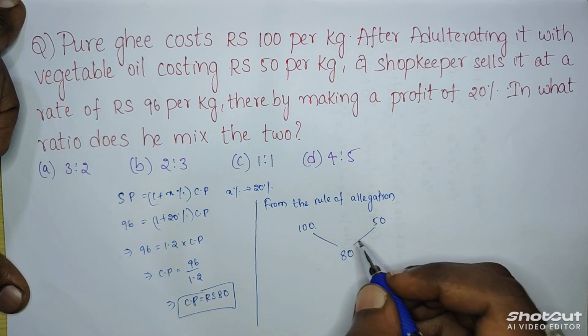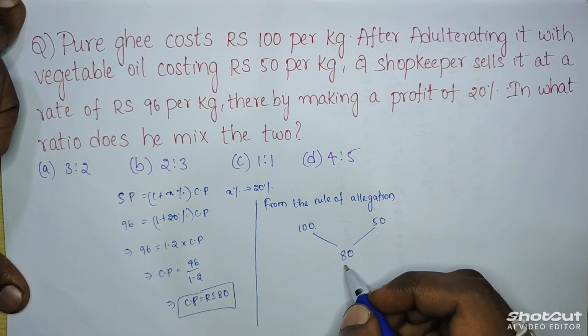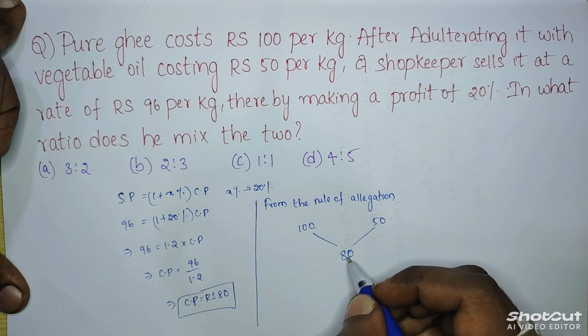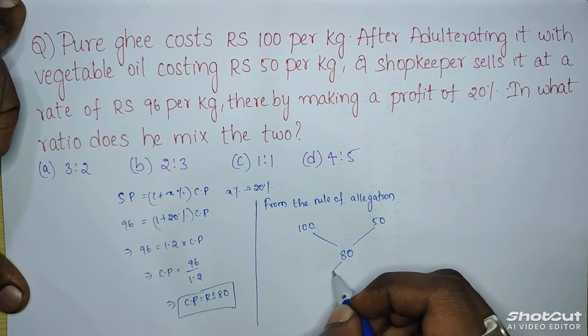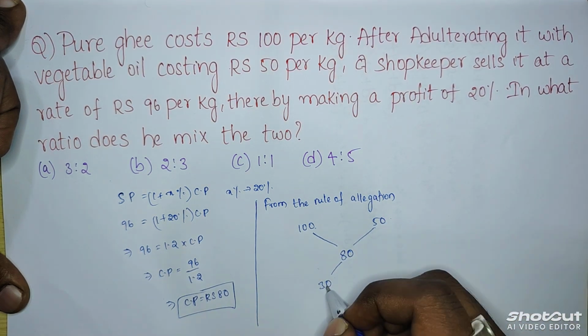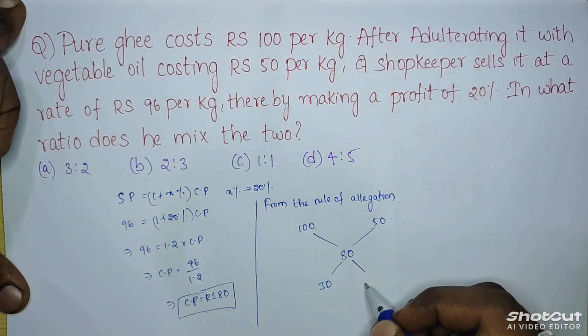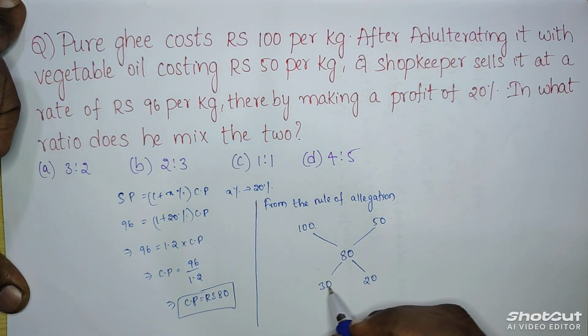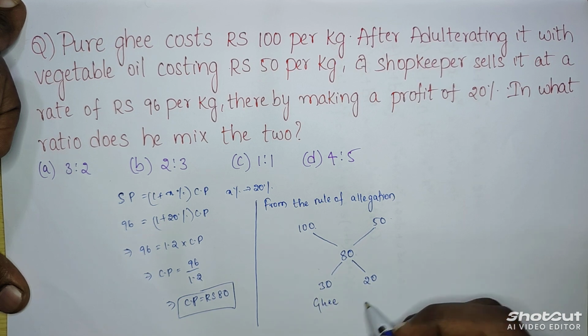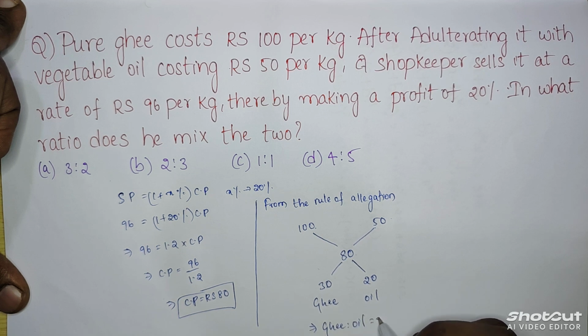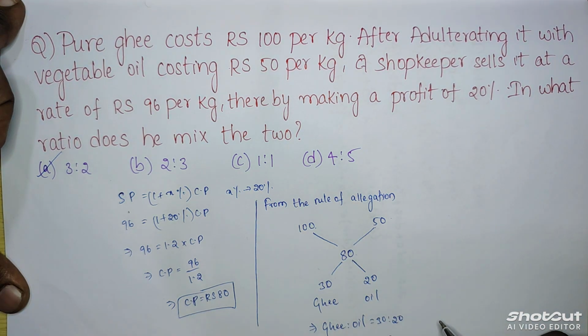So if we want to find the ratio in which they are mixed, there is a simple trick. 80 minus 50 is 30, and similarly 100 minus 80 is 20. So this is the ratio in which they are mixed. This is the proportion of ghee and this is the proportion of oil. So the ratio of ghee to oil is 30 to 20, or simplifying, 3 to 2. So option A is the correct answer here.